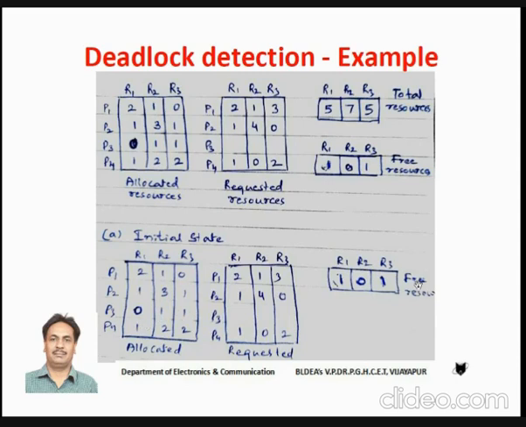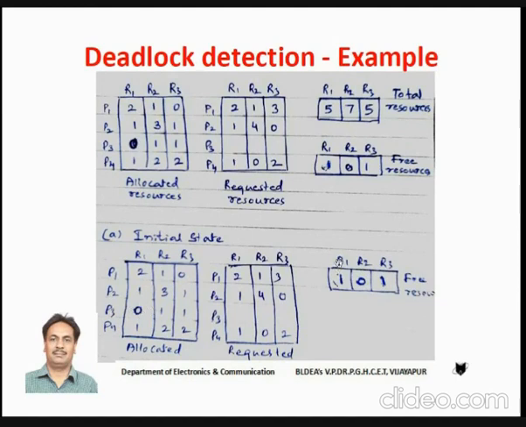They will be added to the available free resources. We get R2 equal to 1, and we get R3 equal to 2, because P3 was allocated 0 R1 resources.